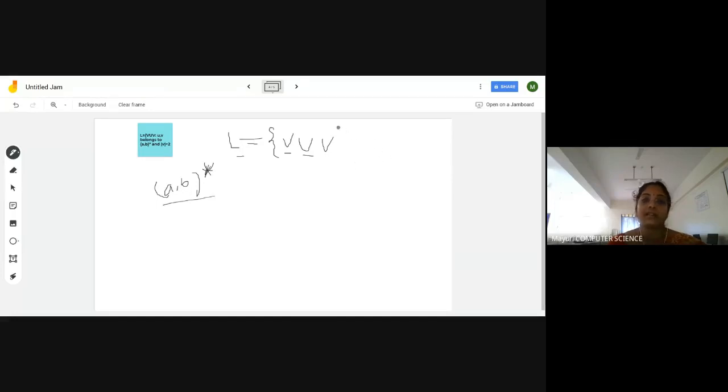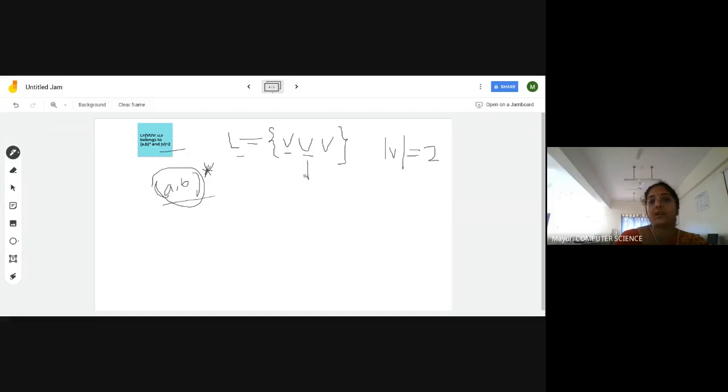But there is a length restriction over V. What is the length restriction? It will accept only length 2 strings of A's and B's. We know that length 2 strings of A's and B's are what? AA, AB, BA, BB, right? So mod V has to be always length 2.